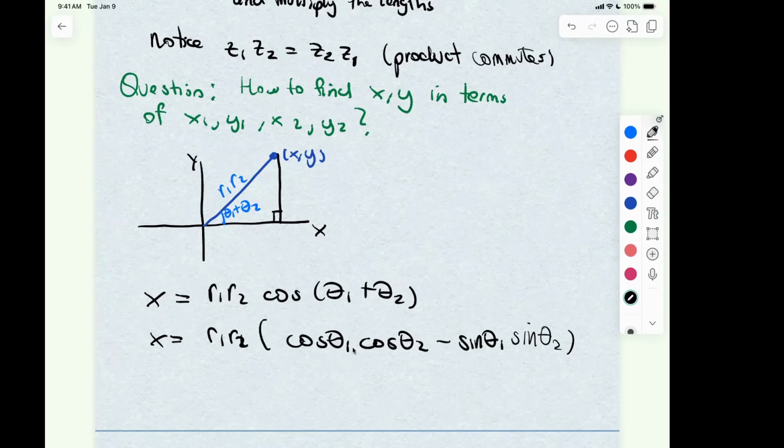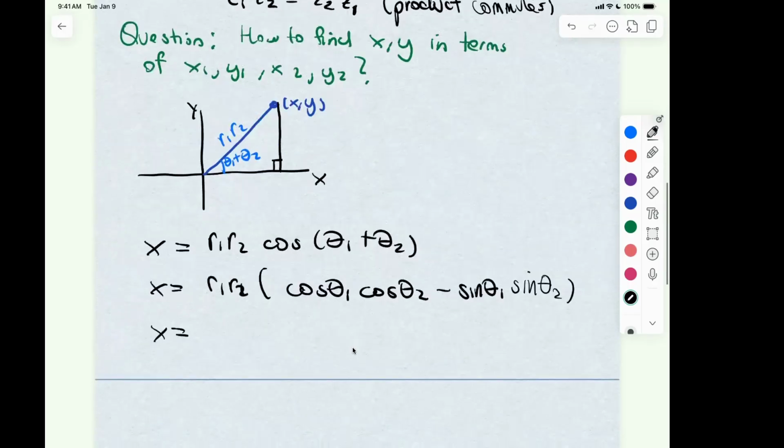Okay, and now you'll see that this is already all the information that we need. I'll just distribute first. So I'll write this as R1 R2 cosine of theta1 cosine of theta2, minus R1 R2 sine of theta1 sine of theta2.